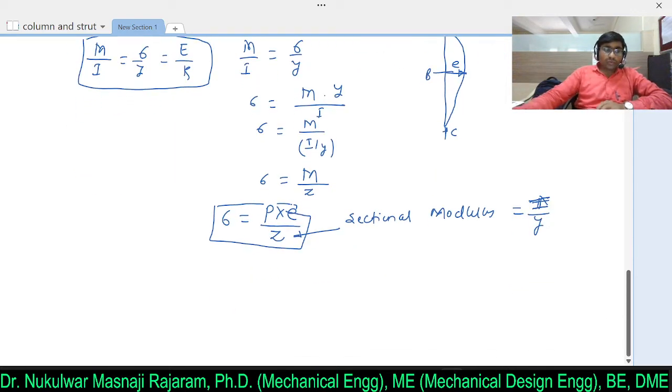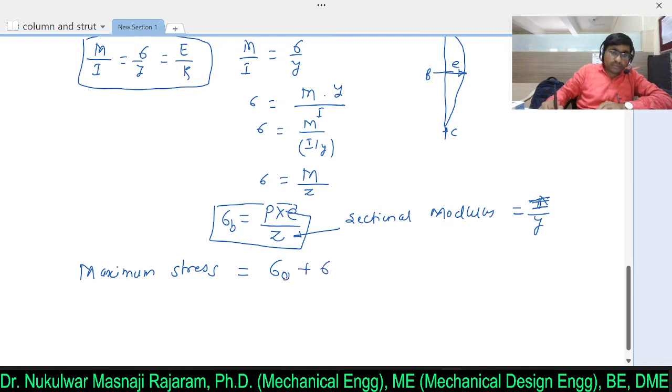Now if you want the maximum stress, in this case the maximum stress will be equal to the direct stress sigma 0 plus the bending stress sigma b. And the minimum stress will be the direct stress minus the bending stress. Simple. The column will fail when the maximum stress is more than the crushing stress.